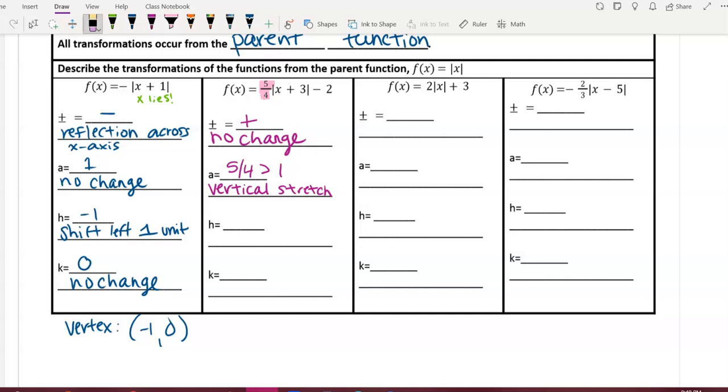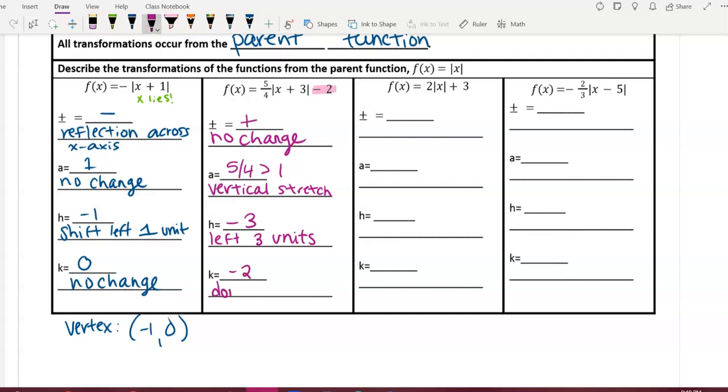Now for the h value, what is our h value here? That's right, it says 3, which means it is -3. And when h is negative, we move left 3 units. And our k value, lastly, is -2.